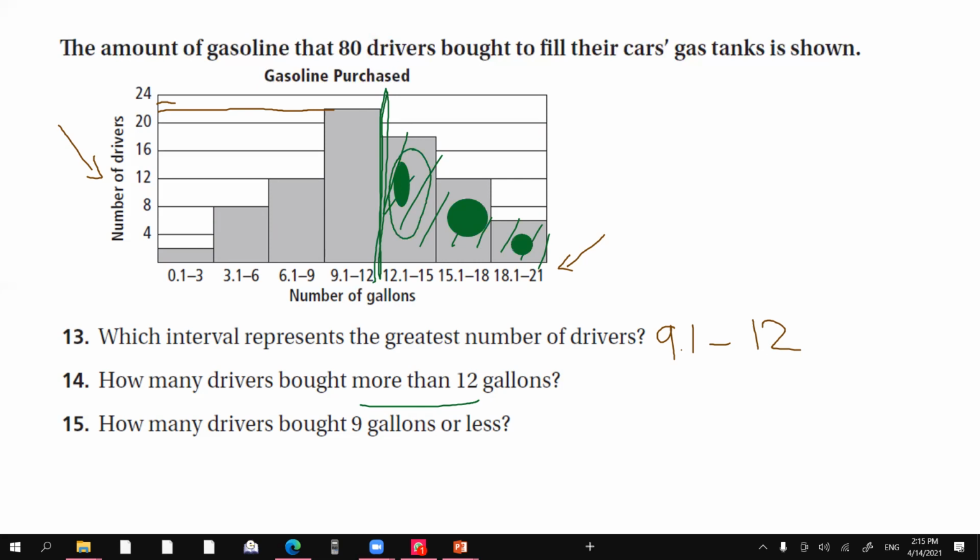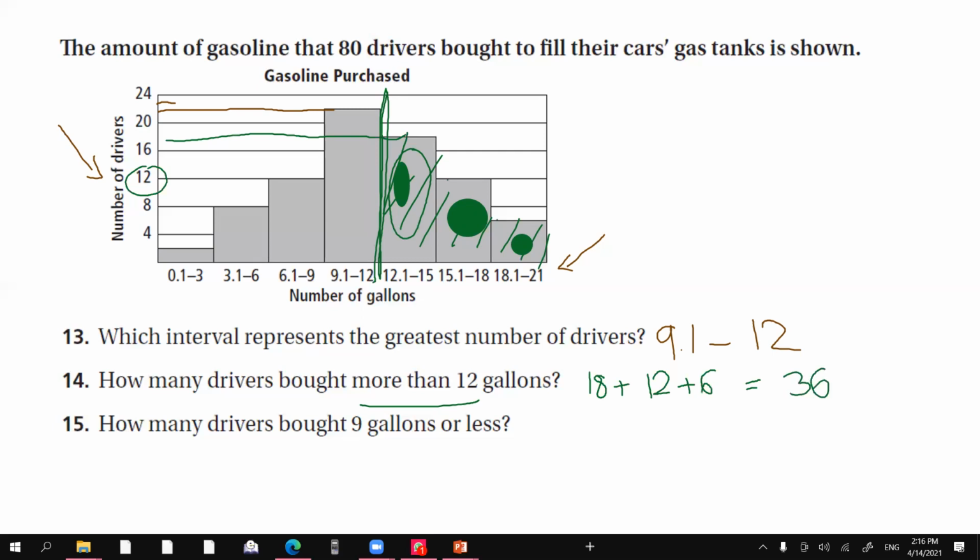I mean, how many drivers between 12.1 to 15? We have 18. Plus, how many from 15.1 to 18? We have 12. And how many between 18.1 to 21? We have 6. I will add them and I will find that the answer is 36.